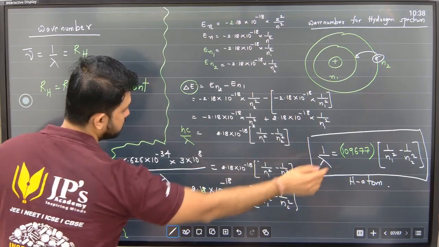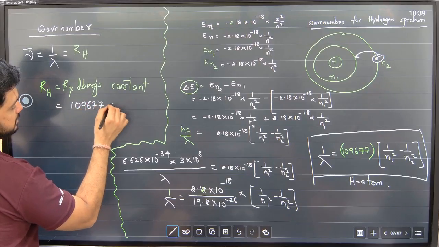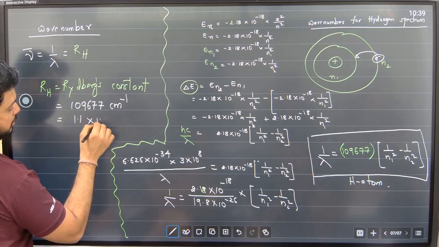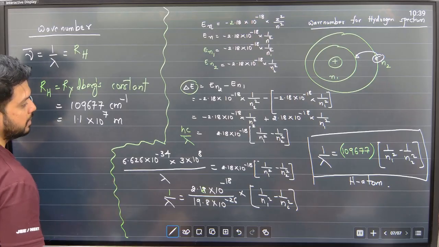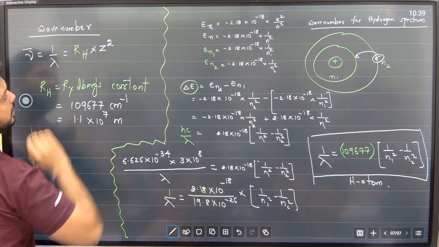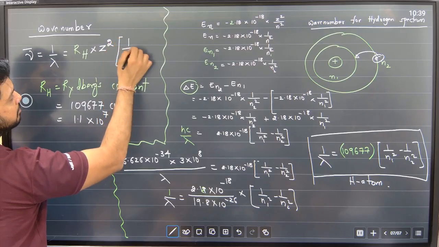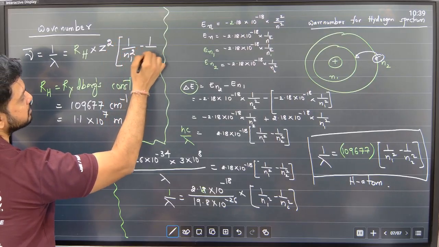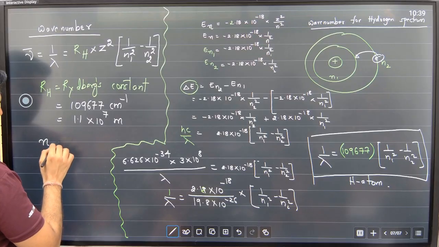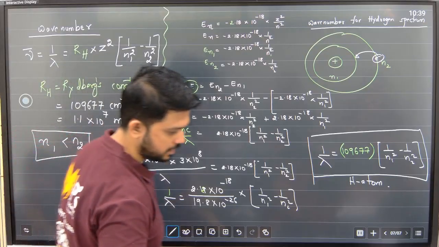What is the value of Rydberg's constant? 109,677 in terms of centimeters inverse, or 1.1 into 10 raised to 7 meters inverse, into Z squared, because we will derive this for hydrogen-like atoms, 1 upon n1 square minus 1 upon n2 square. Remember, whenever you're doing numericals, n2 will be greater than n1.